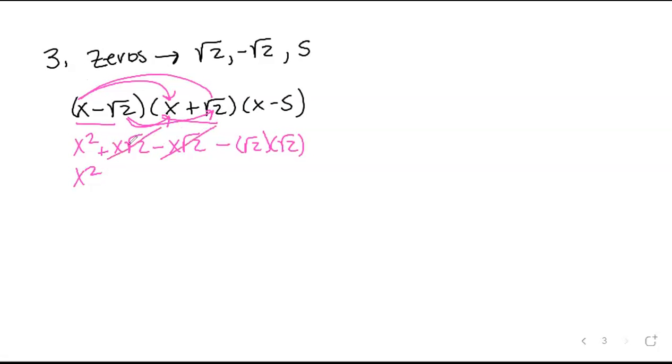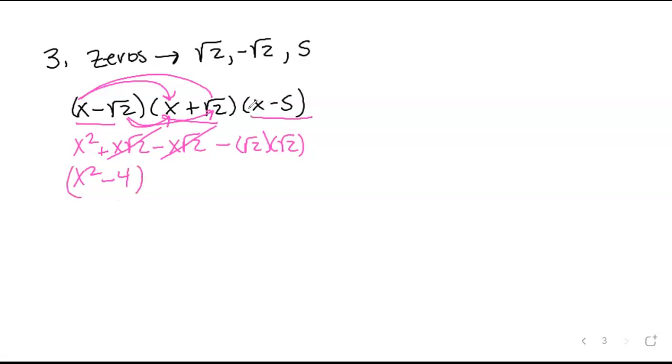These 2 cancel each other out. They're just 0. You can type into the calculator what the square root of 2 times the square root of 2 is, but we talked a whole lot last Wednesday about what that was. If they're the same, what is it? It's just 2, because the square root of 2 times the square root of 2 is the square root of 4, and the square root of 4 is 2. So this whole thing would be minus 4.